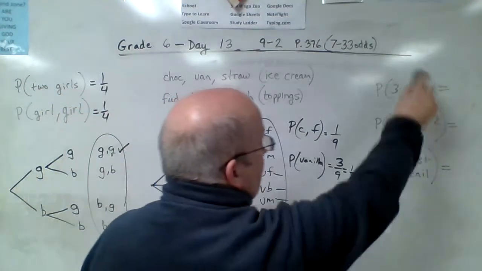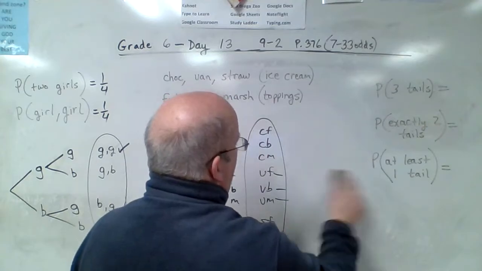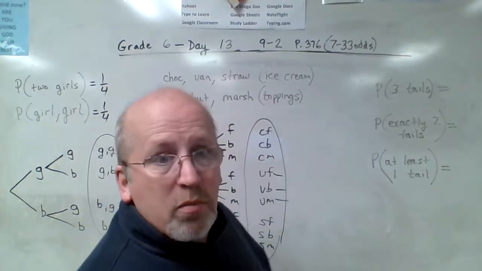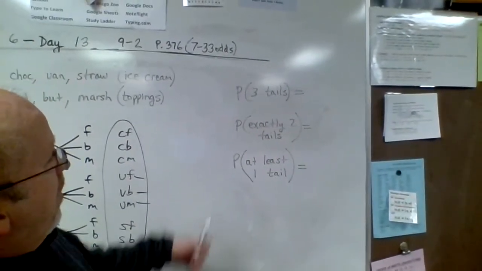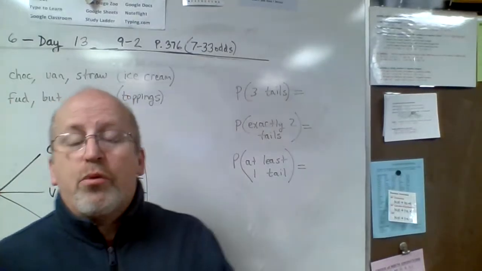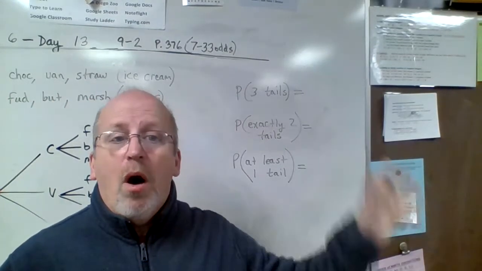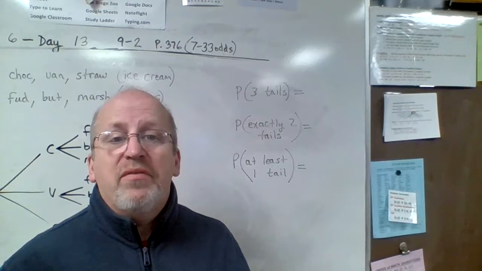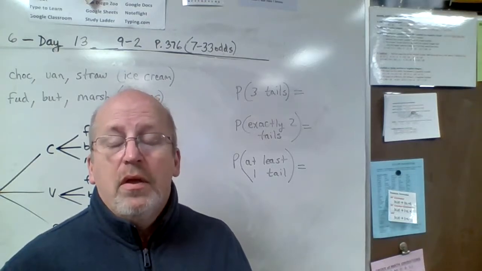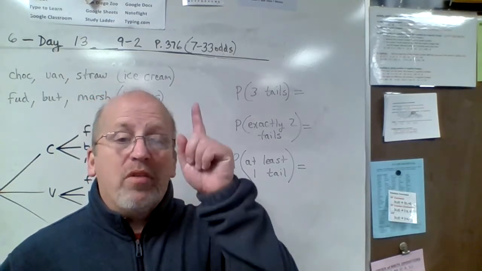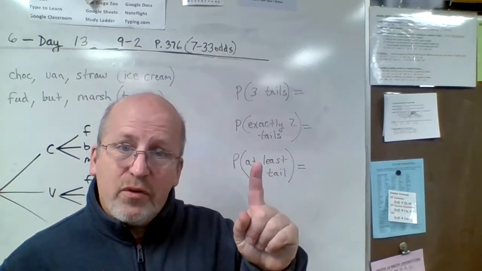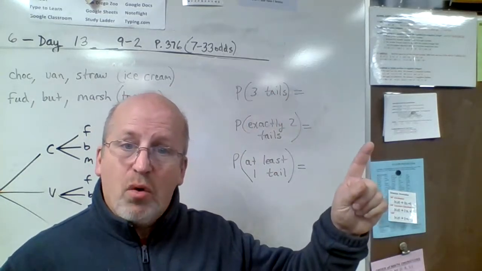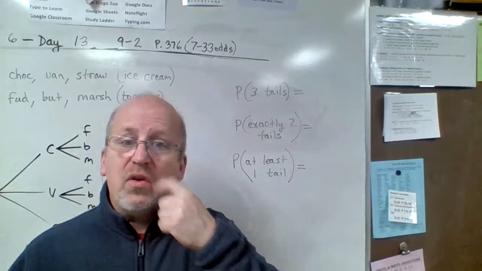Let's go to this scenario on the right-hand side here. Let's move this a little bit. Somebody says to you, here are 3 coins, flip them all. What's the probability of getting 3 tails? What they're really saying is, what's the probability of getting tails on the first coin, tails on the second coin, and tails on the third coin?